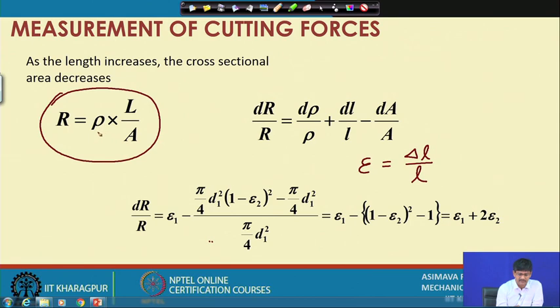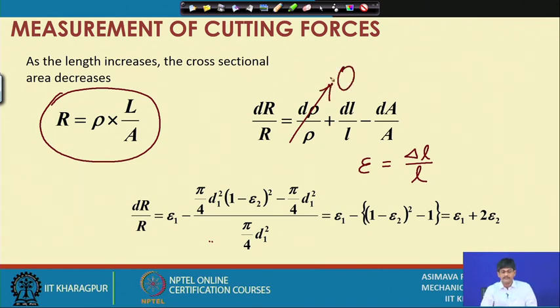It is not affected by any of these physical phenomena which are occurring like stretching, etc. So, in that case, if we differentiate this, we will get dR by R is equal to d rho by rho plus dL by L plus dA by A minus dA by A, because it is in the denominator. This thing we will assign a value of 0 now itself. There is no change in resistivity.